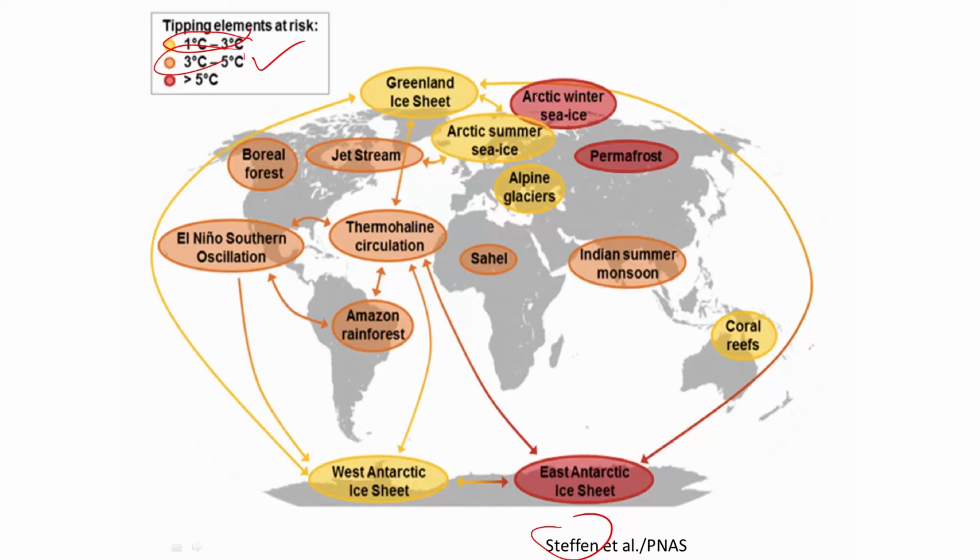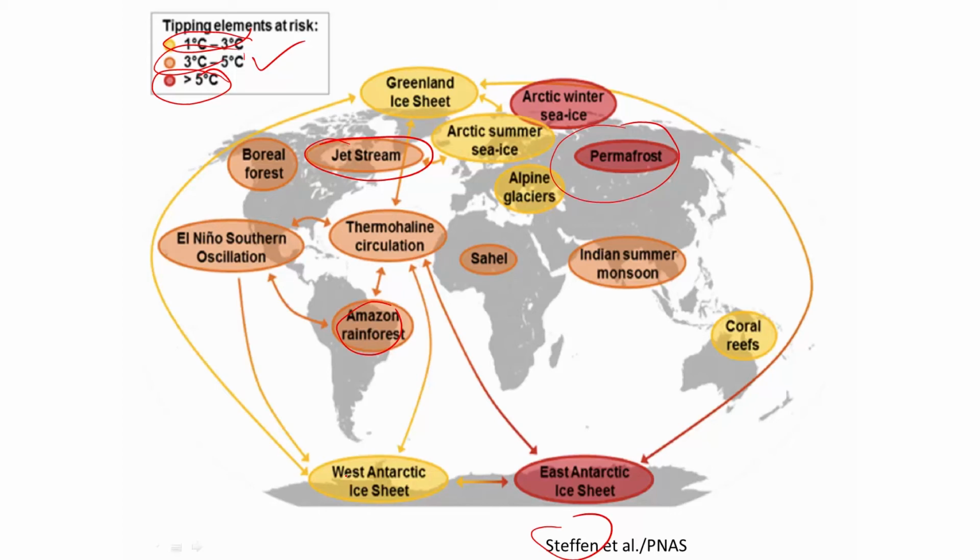Arctic sea ice and winter ice will completely disappear if we go beyond 5 degrees centigrade, and permafrost will most definitely thaw completely if we warm that much, and that has huge potential to release methane and carbon dioxide. The Greenland ice sheet will also affect the Arctic, which will then affect the jet stream, which is already happening.